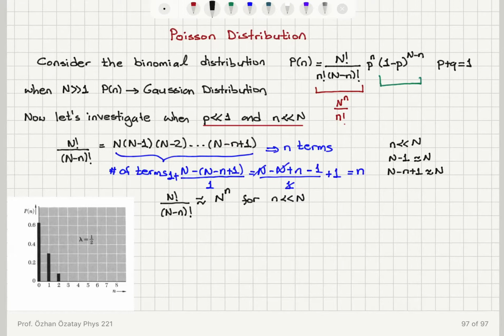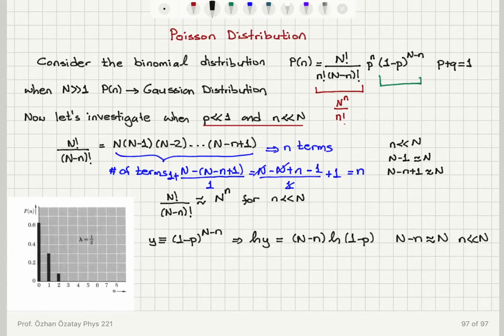So for this one, I define y is equal to 1 minus p to the power capital N minus n. Then if you look at natural logarithm of y, it will be capital N minus n, natural logarithm of 1 minus p. And since I have capital N minus n approximately equal to capital N, n was chosen to be much less than capital N.